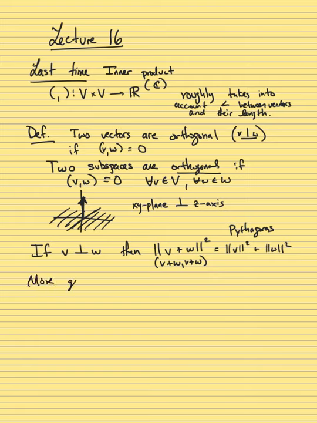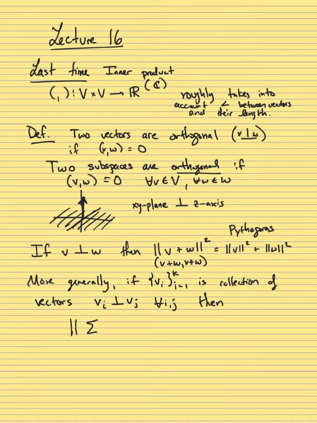So more generally, if v_i, i equals 1 to k, is a collection of vectors, and v_i is perpendicular to v_j for all i not equal to j, then if I take any linear combination, the norm squared of the sum of alpha_i v_i is just equal to the sum of alpha_i squared times the norm squared of the v_i.